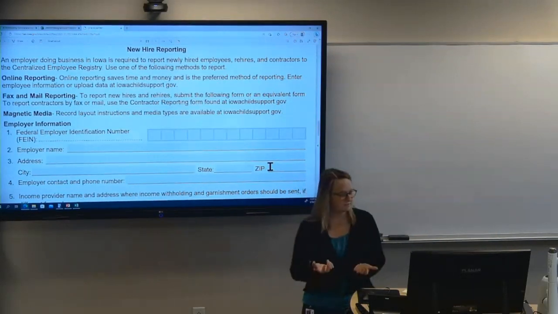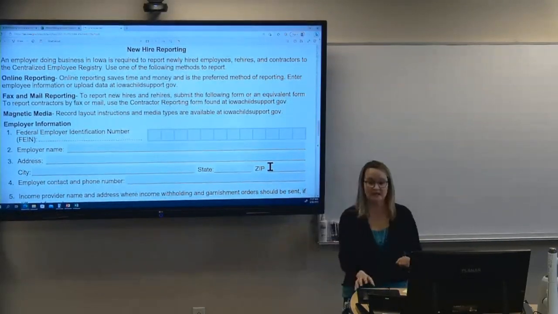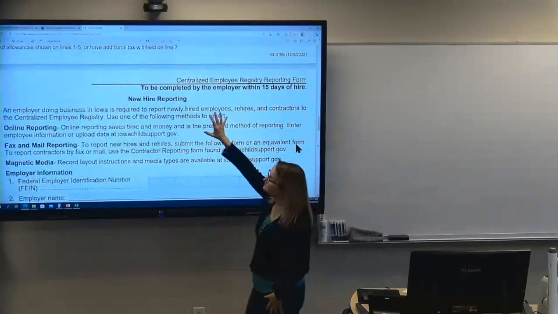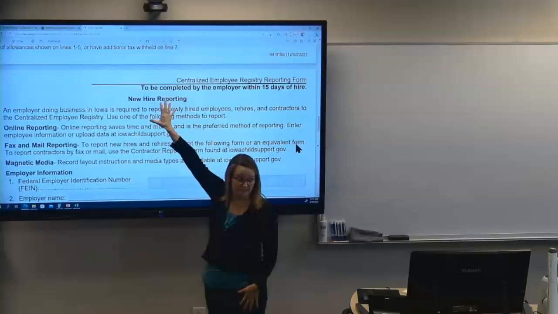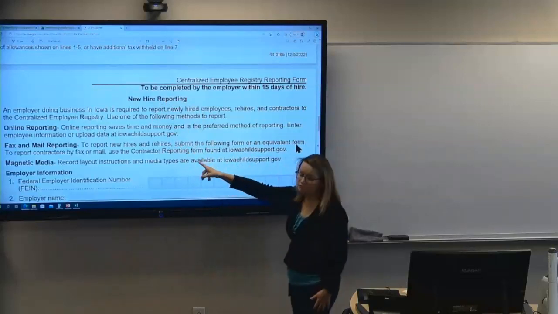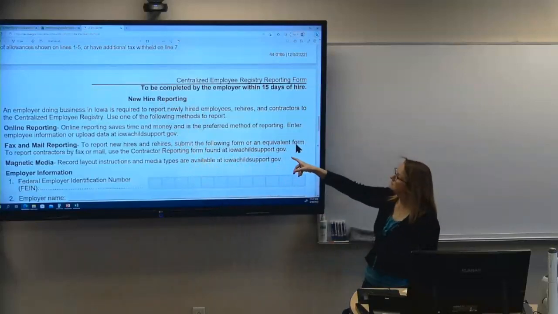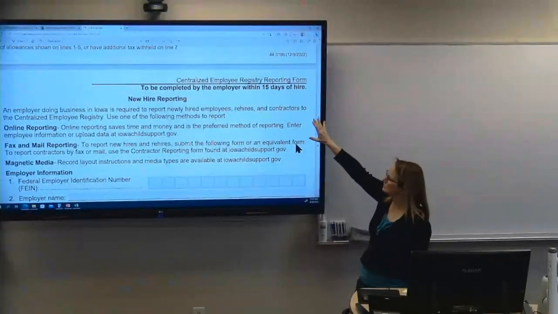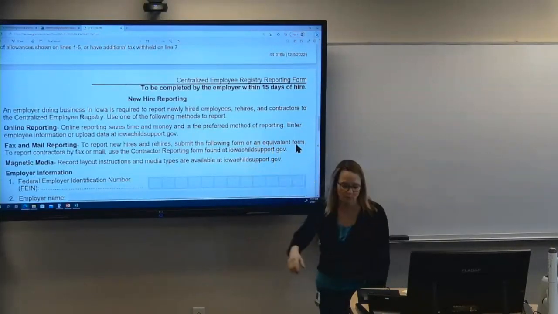And that has to be sent into the state within a certain period of time. Well, as part of the W-4 form in Iowa, they have this additional form that employees have to fill out that pertains to that particular law. So this is for the child support garnishment, new hire reporting.